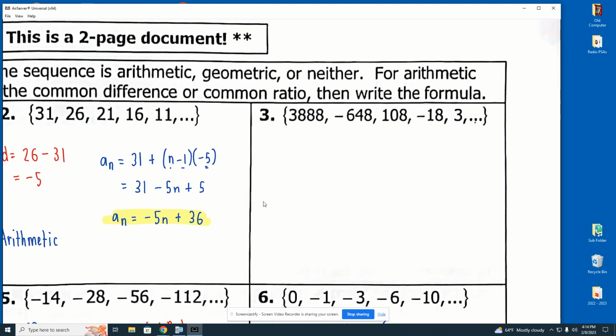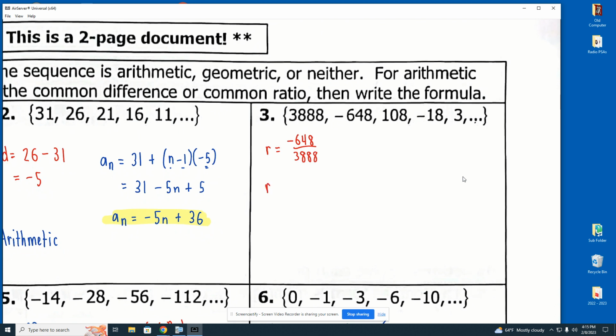And then number 3, I hope that you notice how it's going back and forth. Look, it's positive, negative, positive, negative, positive. There is no possible way an arithmetic sequence can do that. So the only thing possible is maybe it's geometric. So I take the second term, negative 648, and I divide it by the first term, 3888.